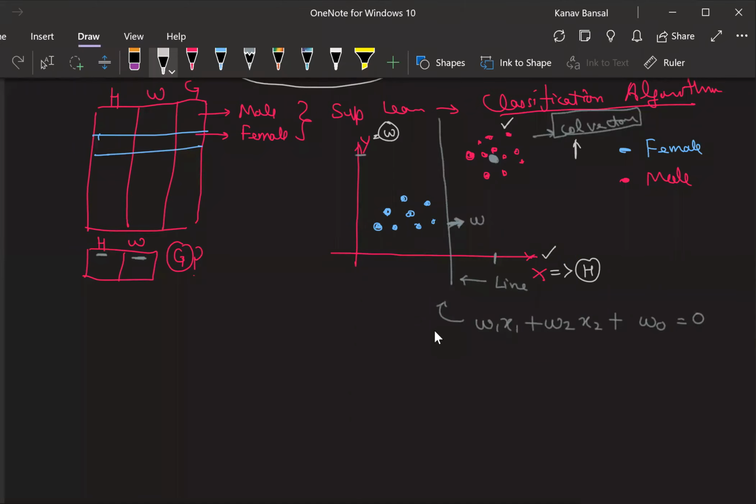We have studied that concept. We have also studied the line concept. We know that this is the equation of the line, or we can also write it as W transpose X plus W0 equal to 0, or in simple terms, directly as Y equal to MX plus C. We can write it any way we want. Now, is it clear to everyone?